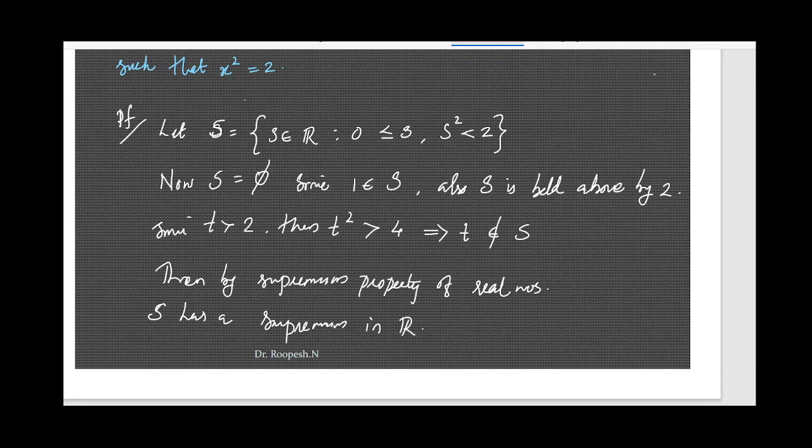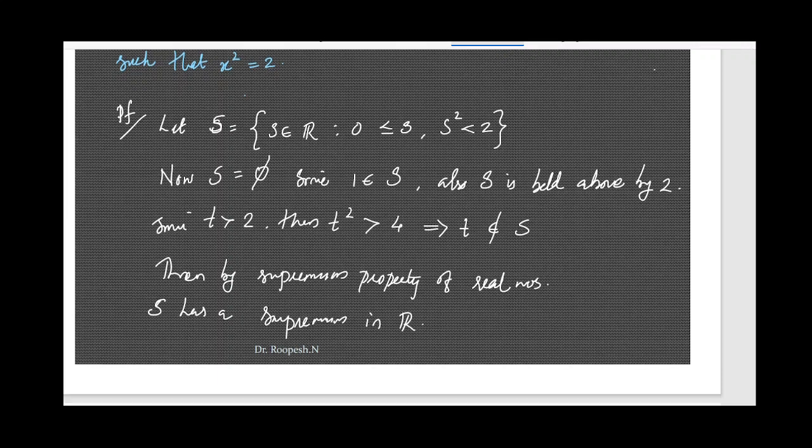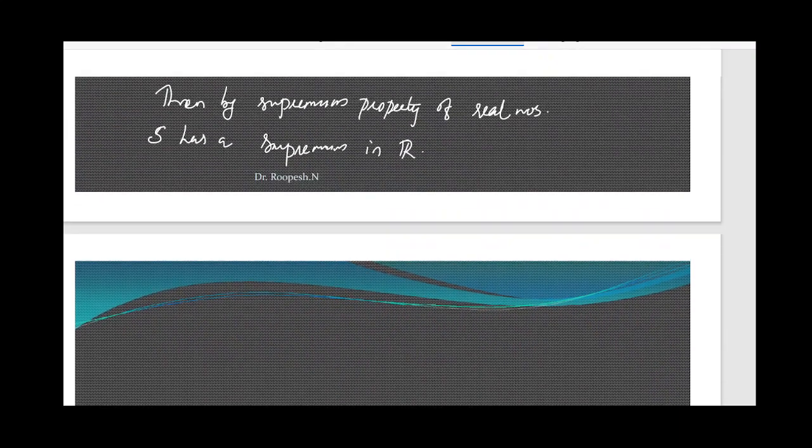So we will take the supremum as some x. Let x equal to supremum of this S. Now your x value is greater than 1 because 1 is already a number.